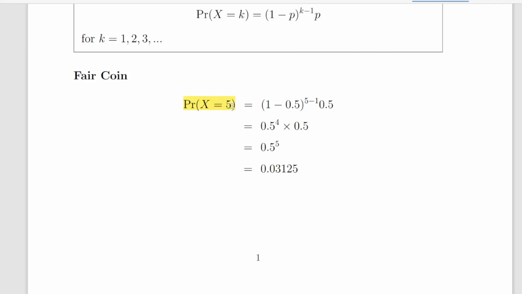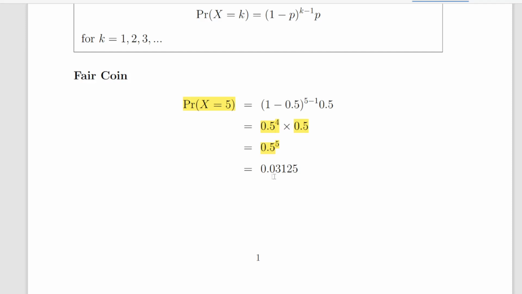So the probability of X equal to 5 equals (1 minus 0.5) to the power of 5 minus 1, which is to the power of 4, 0.5 to the power of 4 times 0.5. So that works out to be 0.5 to the power of 5.